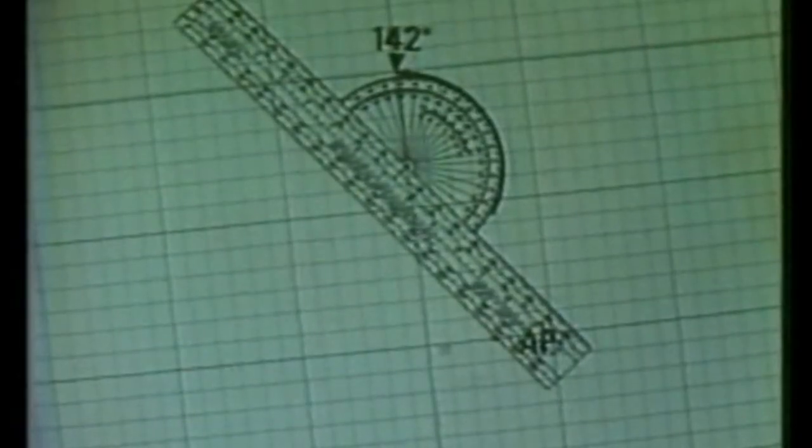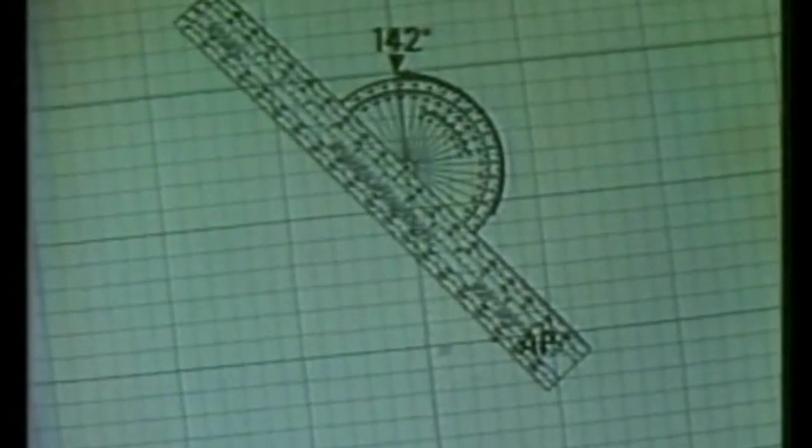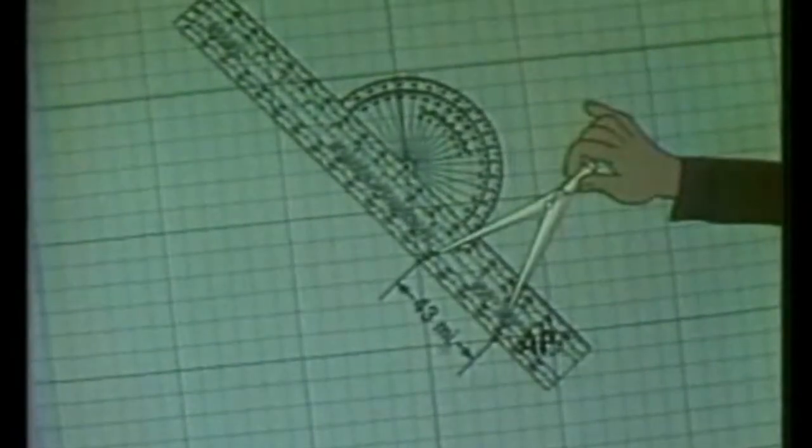Plotting is really very simple. Here is your AP. Lay out a line along the true azimuth, 142 degrees, away from the celestial body. Don't draw the line. Merely use your dividers to scale off 43 nautical miles from your AP.